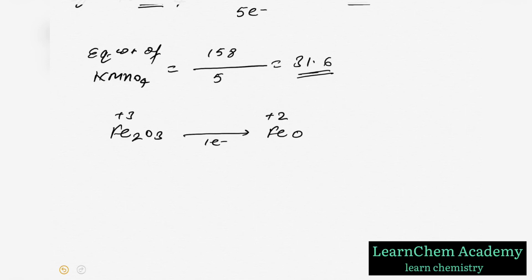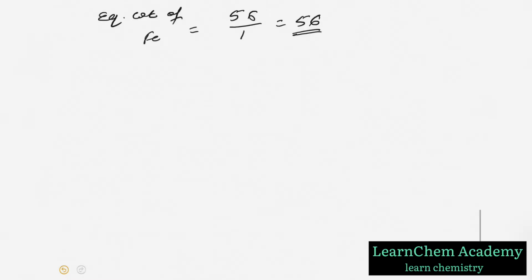So the equivalent weight of Fe is 56 divided by 1, so we will get 56. Okay, so in this way we can calculate equivalent weight of oxidizing and reducing agents.